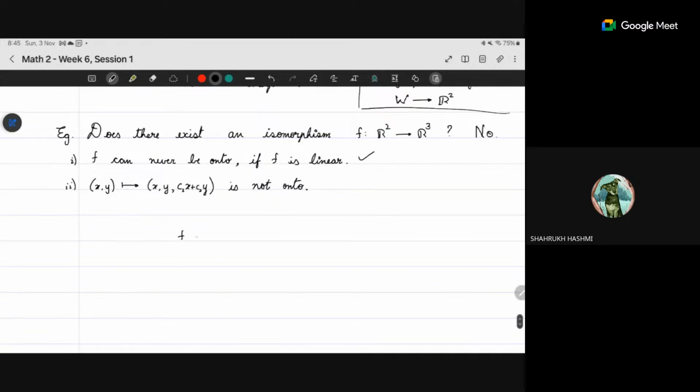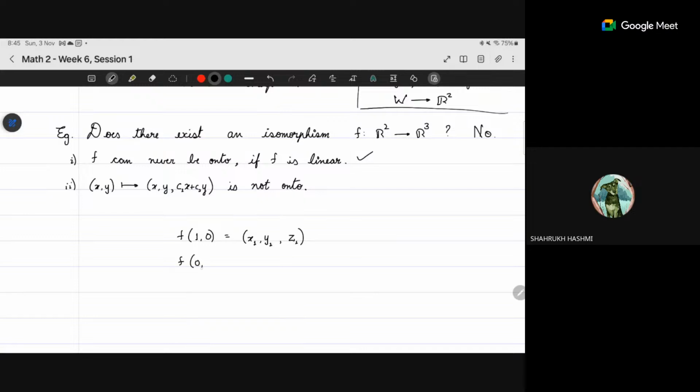If I look at things like f of (1, 0), suppose it is (x1, y1, z1), and f of (0, 1) is (x2, y2, z2).